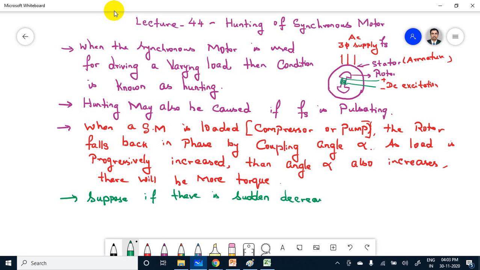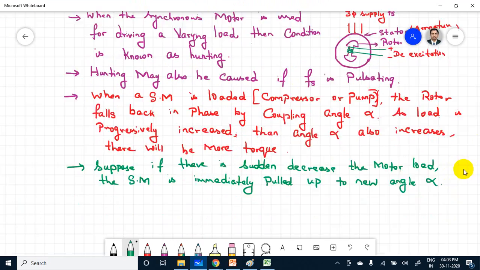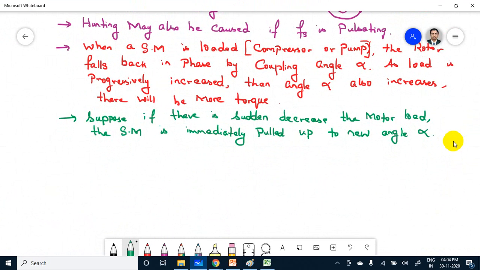Because the machine is running and now you are suddenly decreasing the motor load, during that time the synchronous motor is immediately pulled up to a new angle alpha.